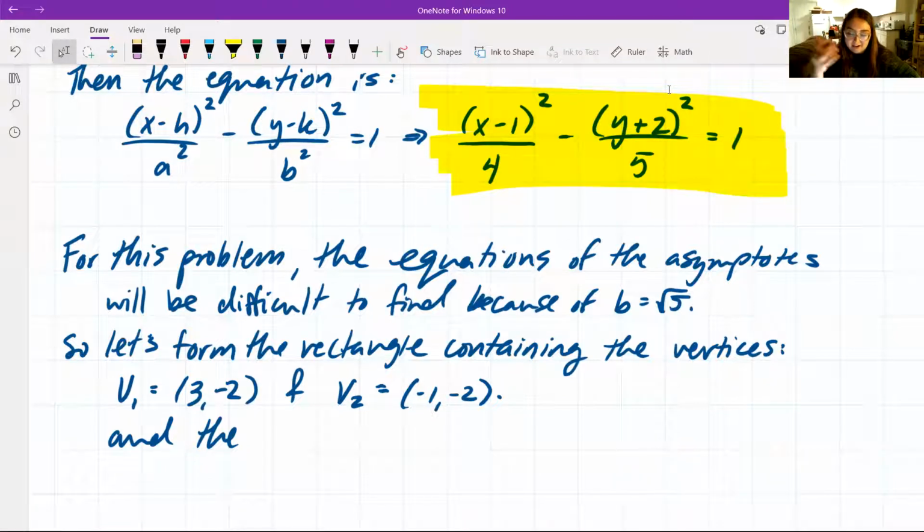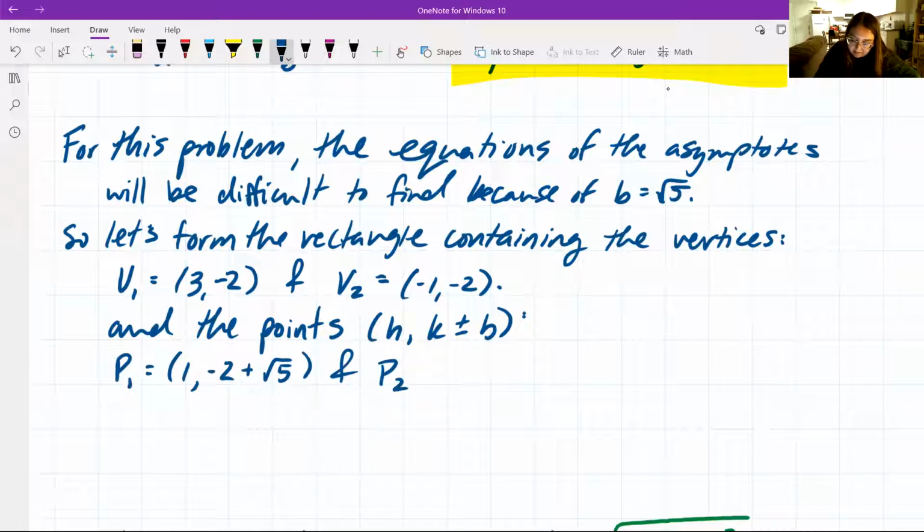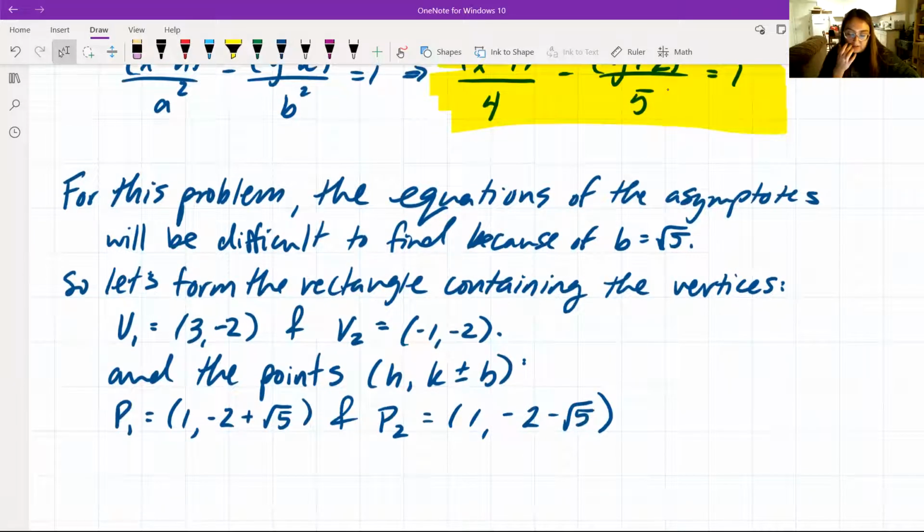They're just going to be recognized as the points h, k plus or minus b. So these points, which we can just write P1, this will be 1, -2 plus the square root of 5, and P2, which is going to be 1, -2 minus the square root of 5. So we have these points and we have our vertices, so we're going to form this rectangle.